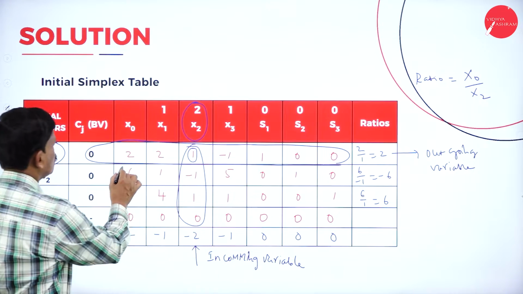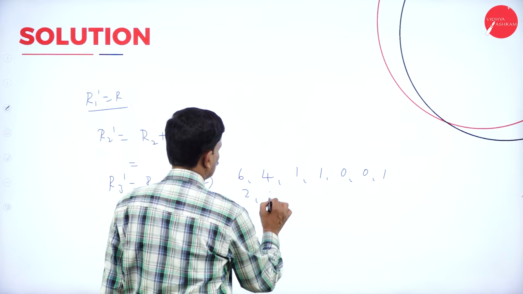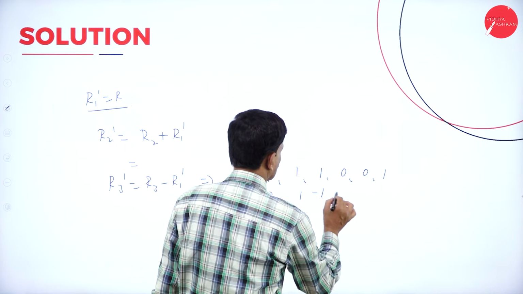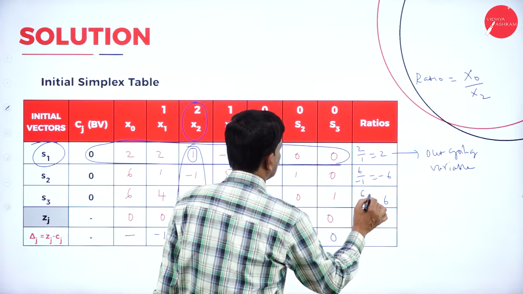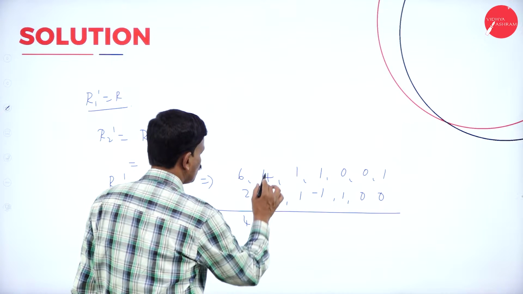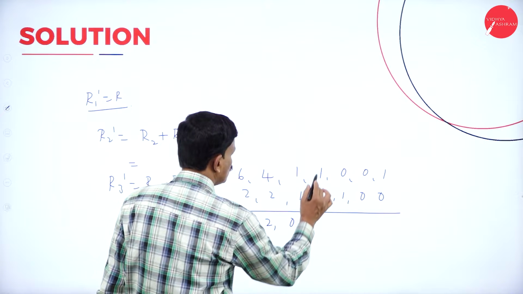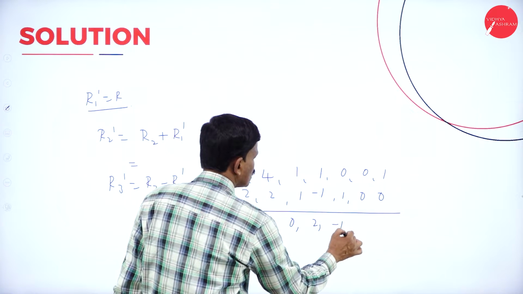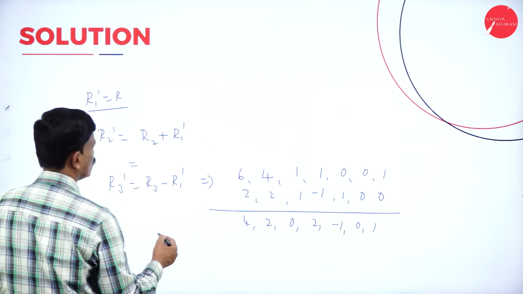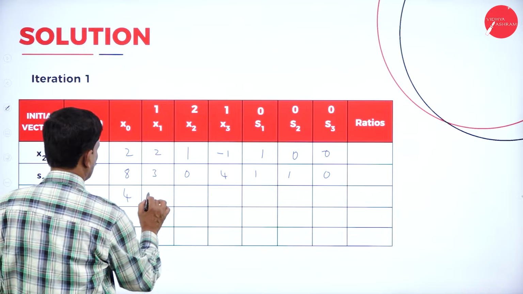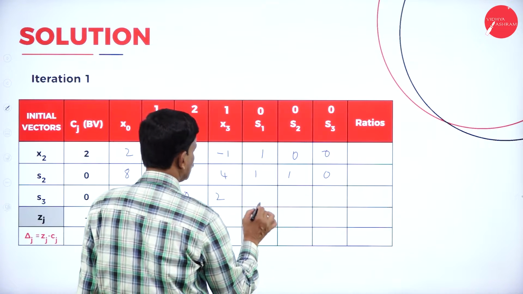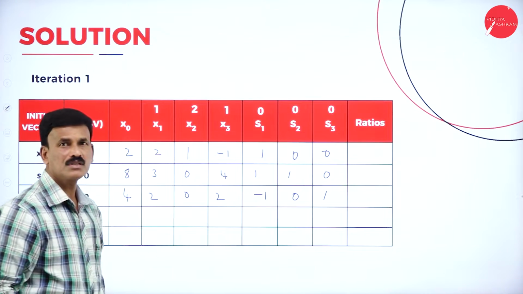Elements of R1: 2, 2, 1, minus 1, 1, 0, 1, 0, and again 0. Now subtract these two, that's all. 6 minus 2 is 4, 4 minus 2 is 2, 1 minus 1 is 0, minus into minus plus 2, minus 1, 0, and 1. That's it. Now, I'll write these elements here: 4, 2, 0, 2, minus 1, 0, 1. These are the values.